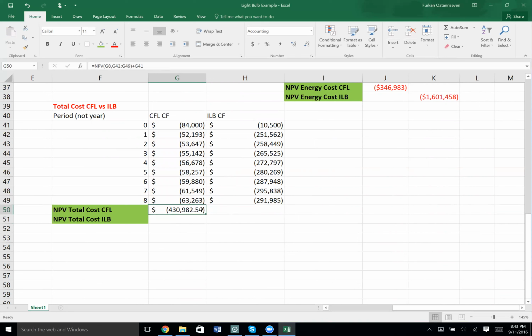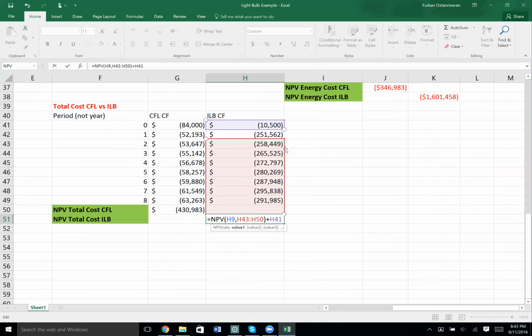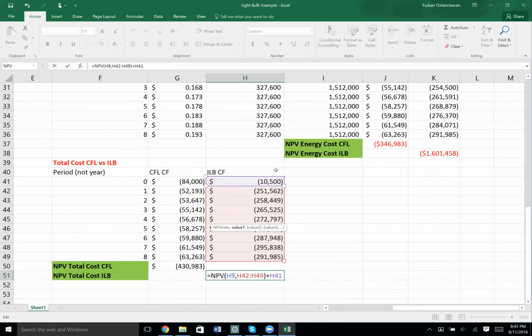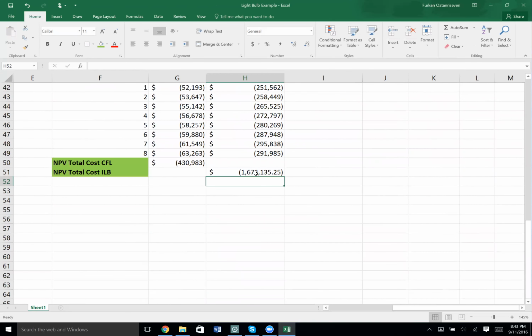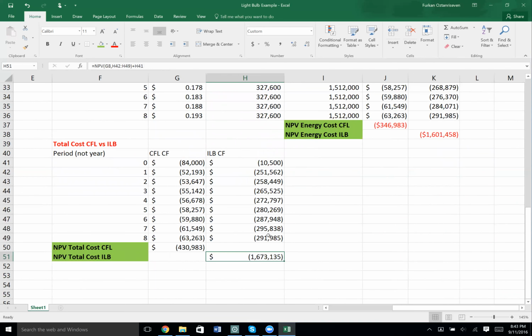Okay. Let's do the same thing for ILB. I copy pasted the formula. So I just need to make sure that I'm referencing the right cells. Okay. So you can see here that when we consider both costs, ILB is much more expensive than CFL.